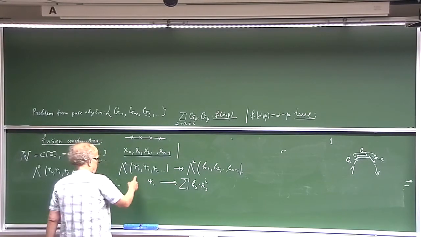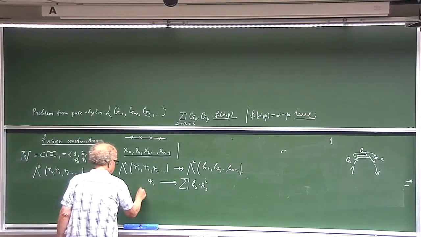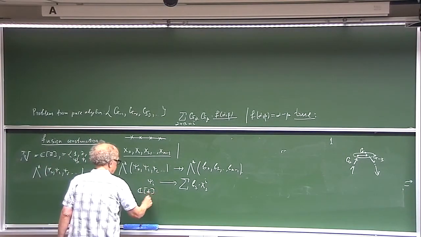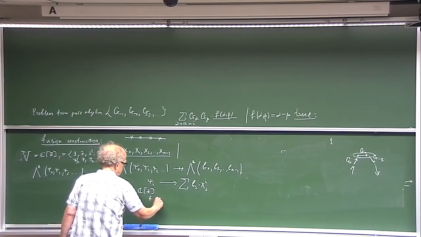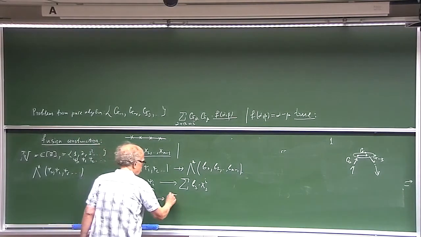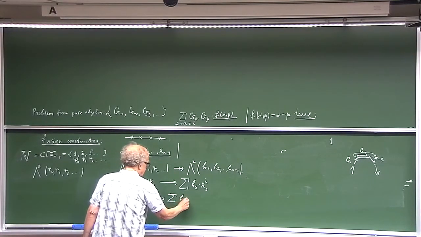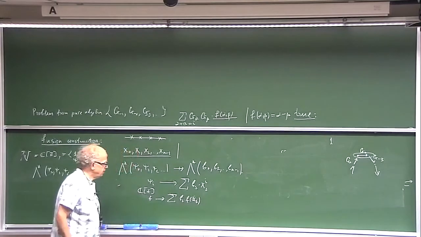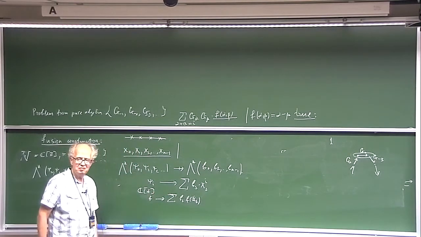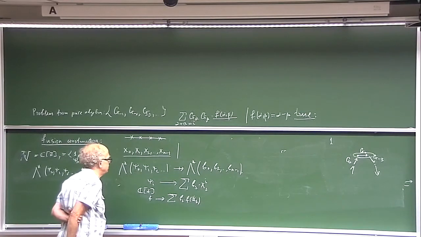Or if I consider the space of generators f(z), it just means that a generator from here, a function in z, goes to the sum of B_s times f of x_s. Yes, and this is just the same. Anyway, it is a homomorphism of such sort.